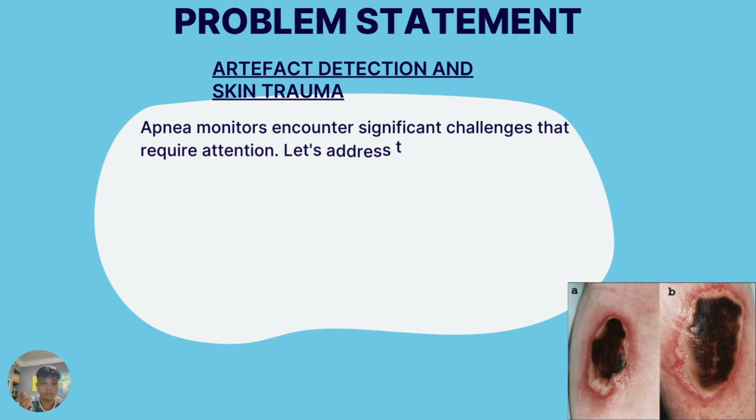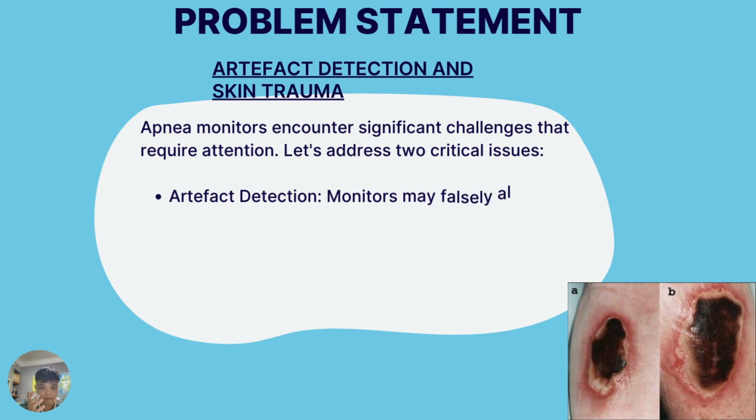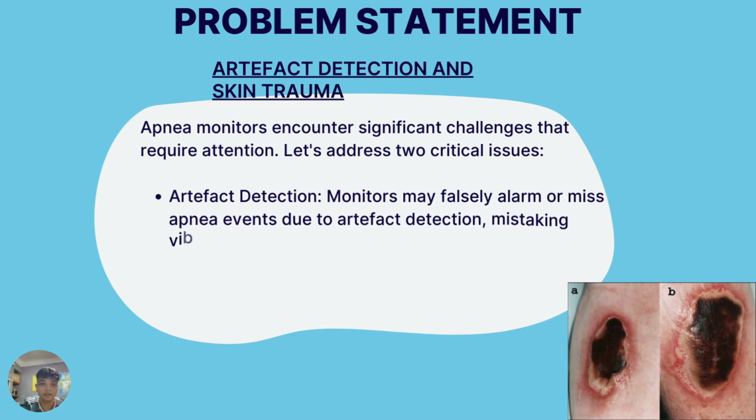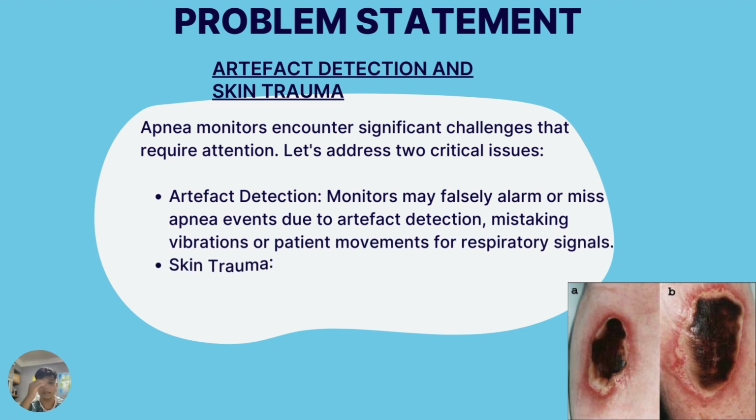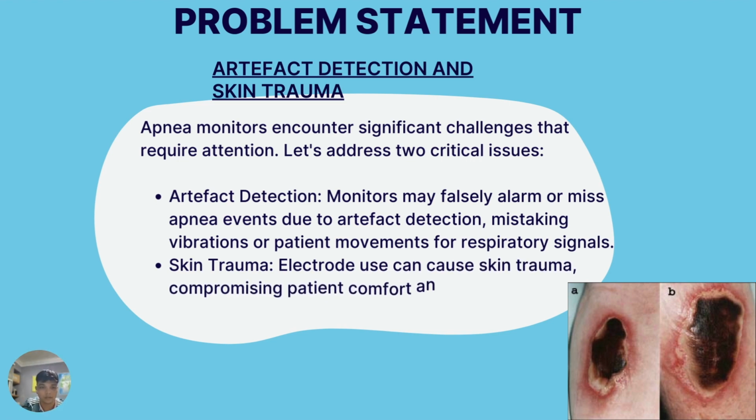Another problem that the apnea monitor system is currently facing is that one of its primary concerns is that the monitors erroneously fail to detect or alarm apnea episodes due to artifacts.